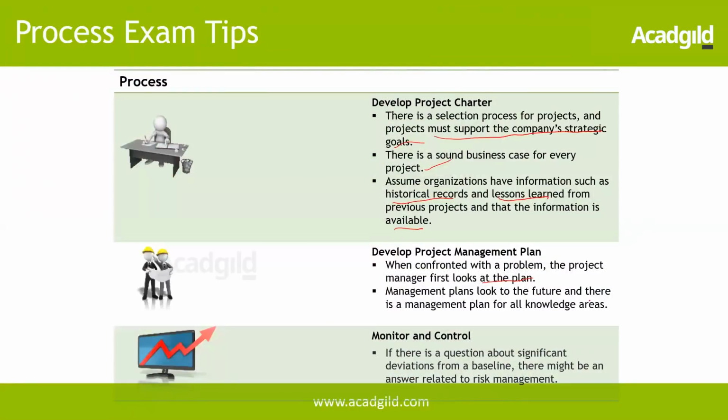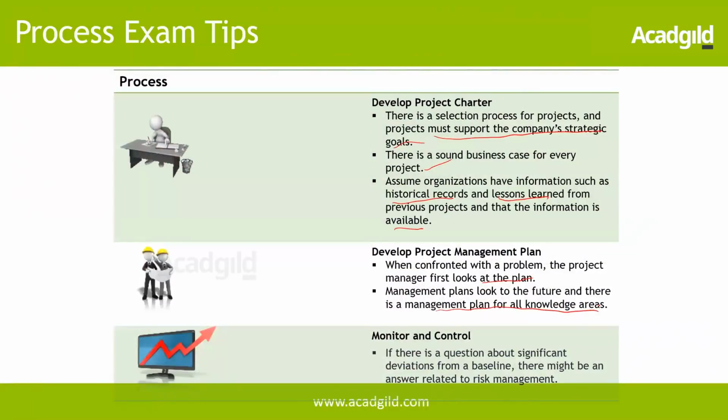Management plans look to the future, and there is a management plan for all knowledge areas. There's an assumption again that as per the PMI, we need to create all the project management plans and all the subsidiary plans. Again, we cannot relate to our current organization's rules, saying I don't have a communication management plan, so I don't look at the communication document. No, we cannot look at it that way. That's a tip that we are providing here.